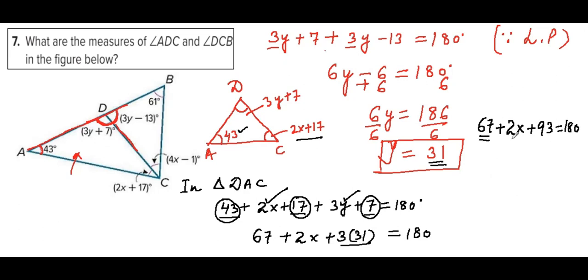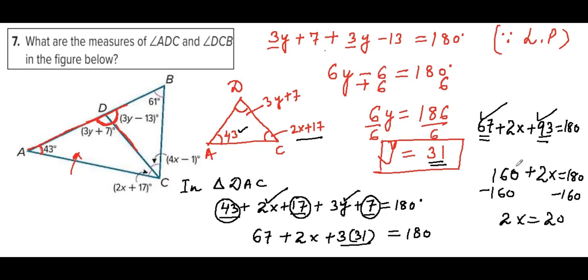Add the numbers 67 and 93: 7 plus 3 is 10, 9 plus 6 is 15, and 1 carried, so 160. Plus 2x as it is, equal to 180 degrees. Minus 160 here, minus 160 here. So 2x is equal to 20. This and this cancel out, so x is equal to 10.